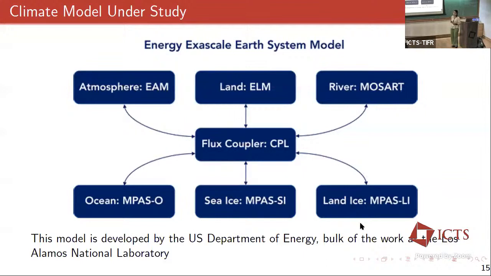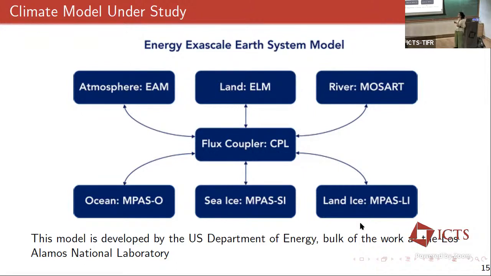Now this is a climate model that I have worked on at the Los Alamos National Laboratory, and all the results that I show here are from computations carried out in the clusters of the Los Alamos National Laboratory. It is a great place to work, by the way. This climate model is known as the Energy Exascale Earth System Model. I already told you that a climate model has 6 components.